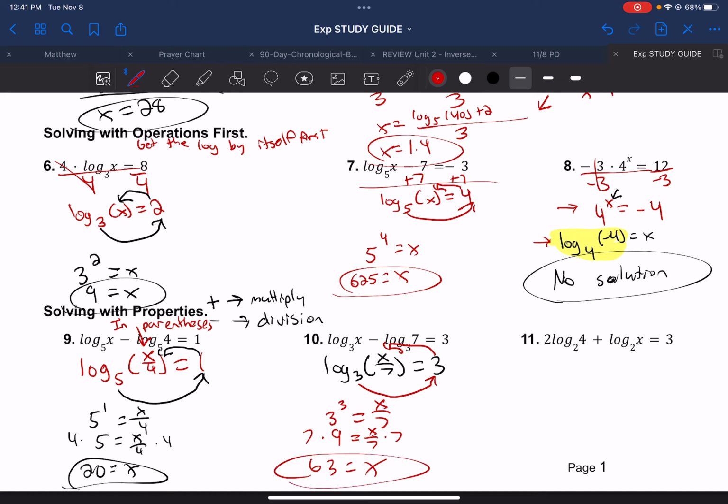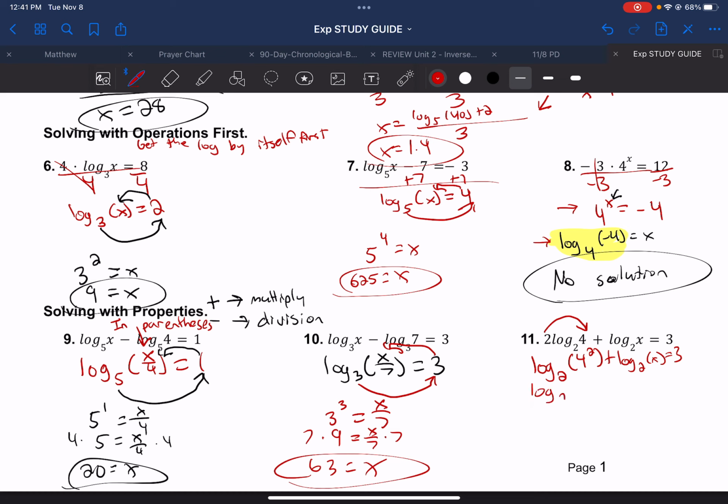Now, I have that little first step, like I said. Since I have something in front, I need to move it to the exponent first. So I have log base 2 of 4 squared plus log base 2 of x equals 3.